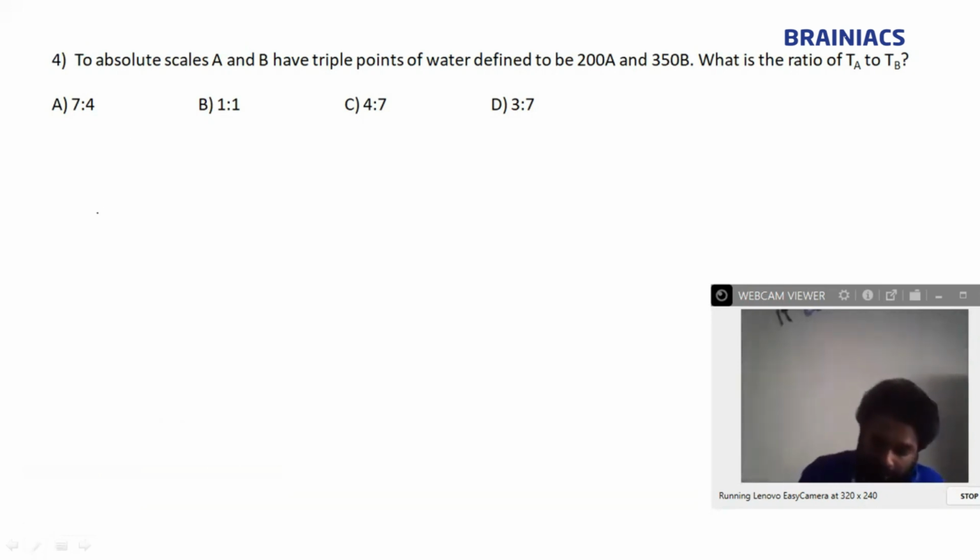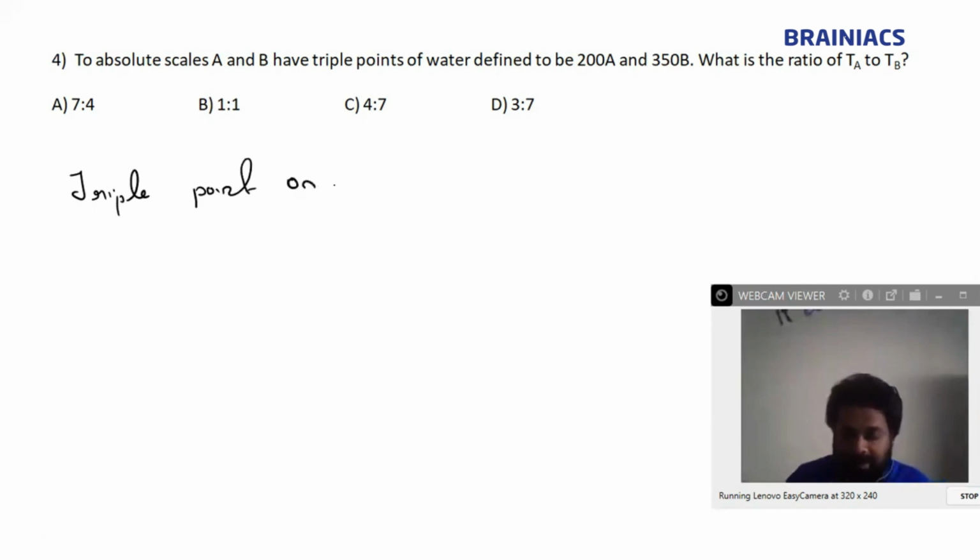We can do it like this. Triple point on scale A is how much? 200A, that is given.